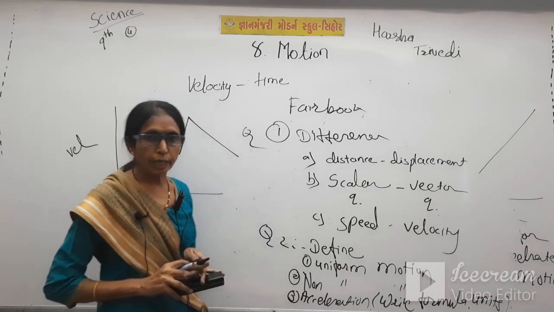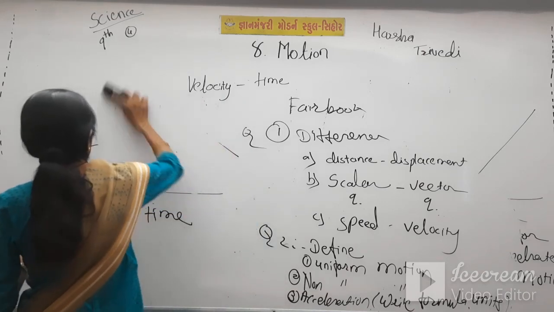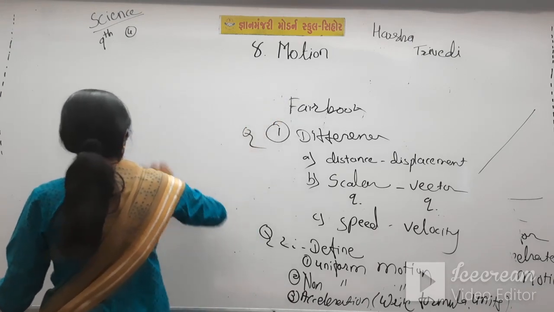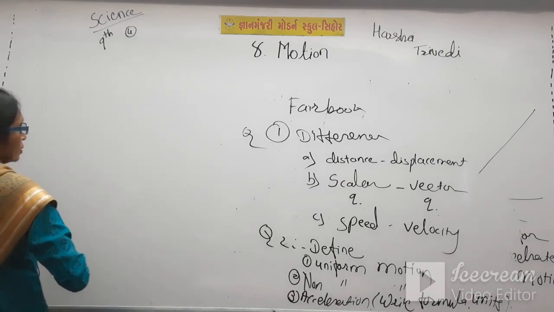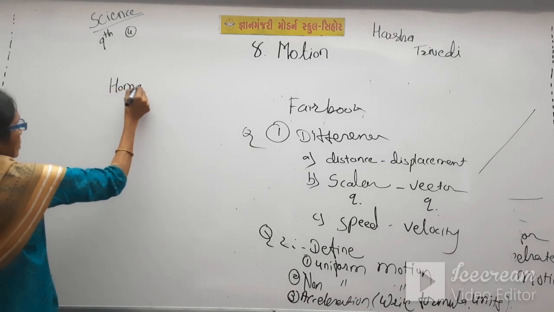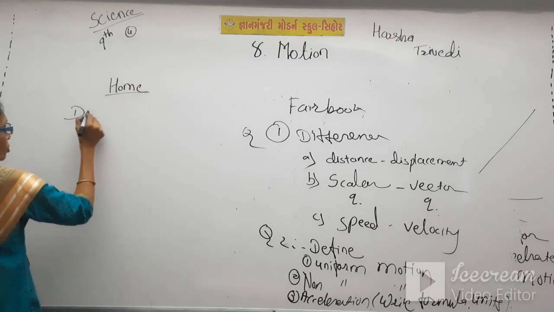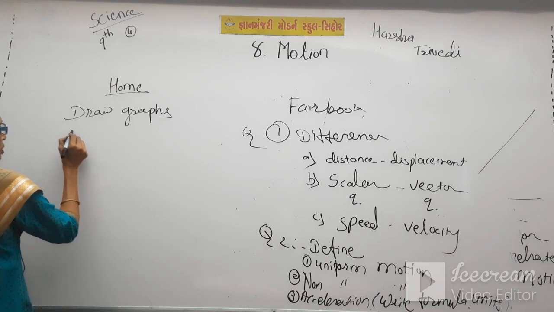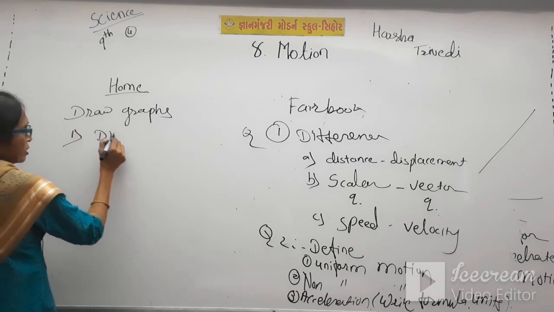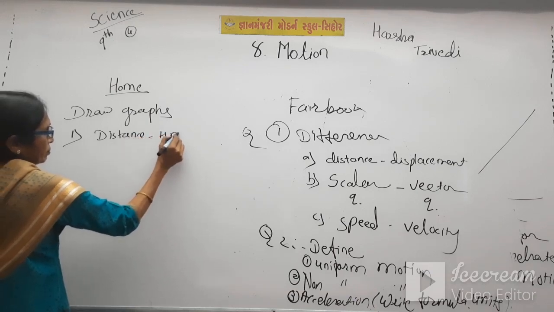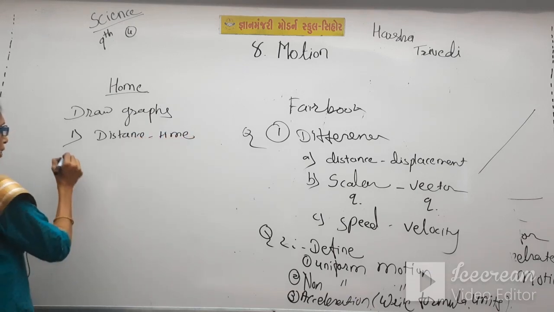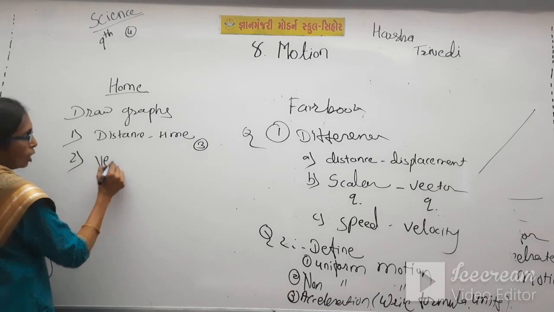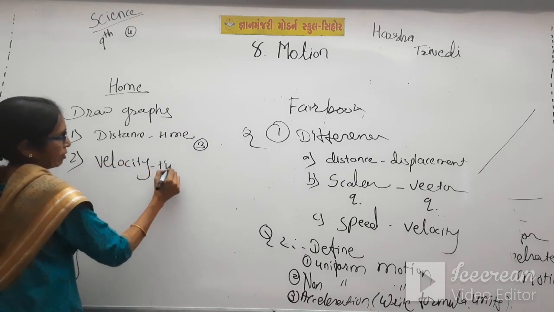Now, time for today's homework. Draw graphs for 3 situations of the distance time graph, and 4 situations of the velocity time graph.